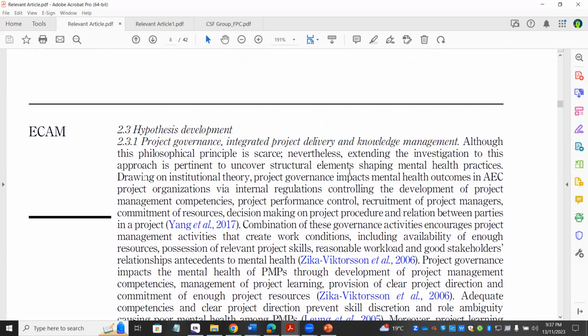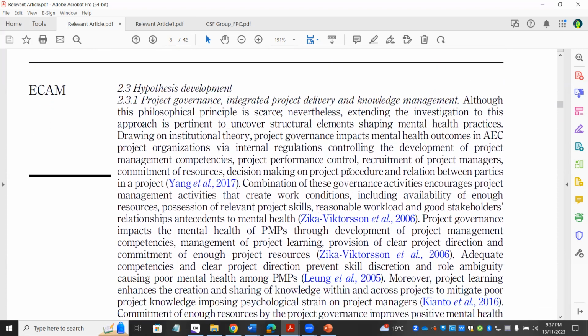Okay, so here, you can see that he's just trying to bring in the theory, but the fact of the matter is that he's trying to use the theory to explain project governance, integrated project delivery, and project management. But if you can see, the theory was not really visible.